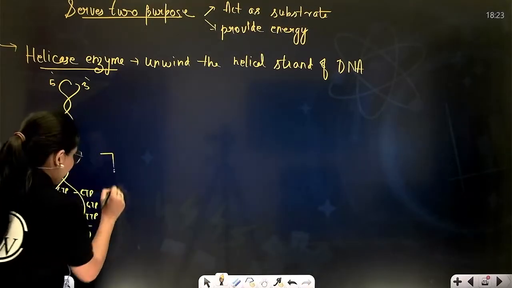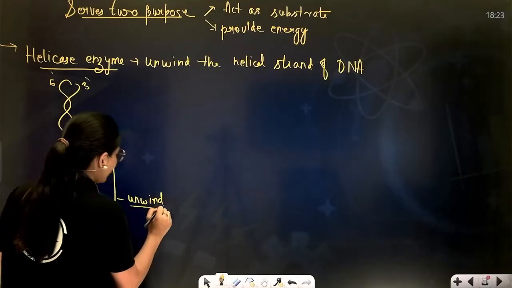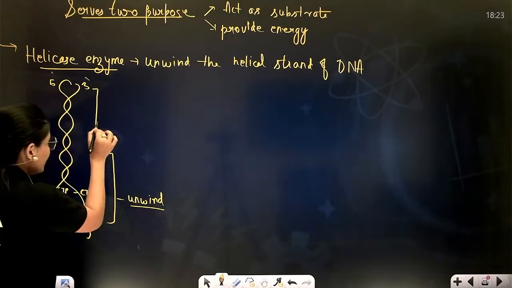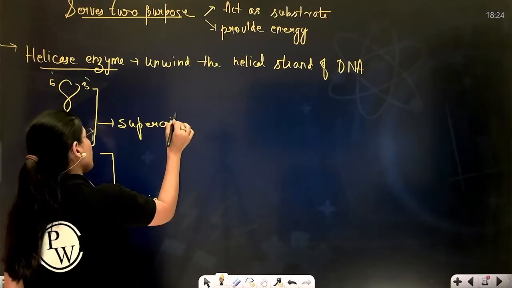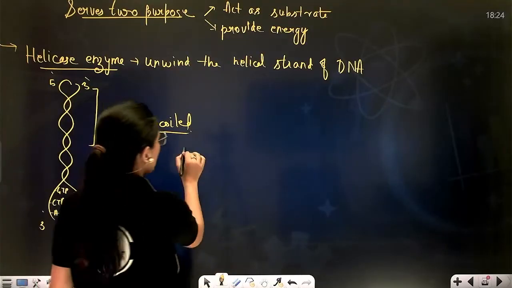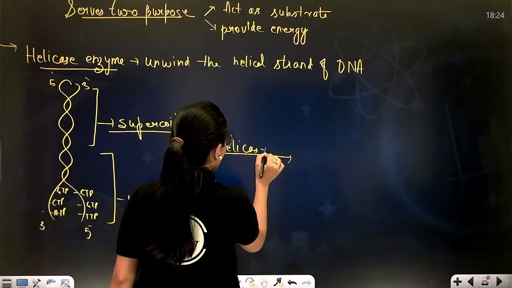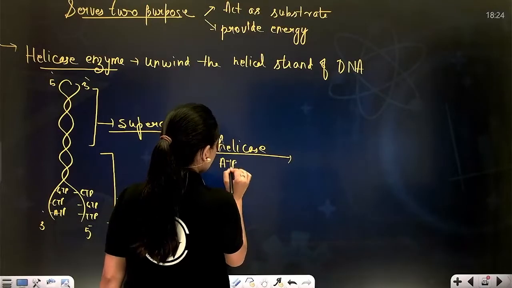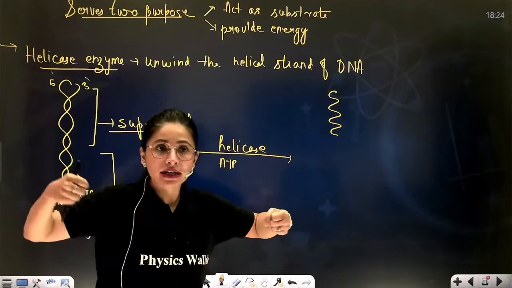Suppose this much portion got unwound, but due to helicase activity above this, it will become supercoiled, highly coiled. So when helicase comes, it will require energy, it will unwind the DNA, but it is going to pull the strands from below.